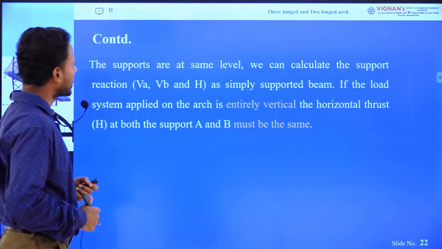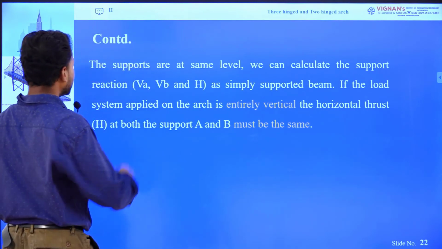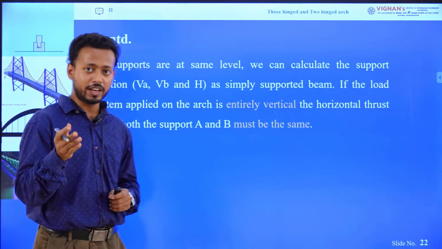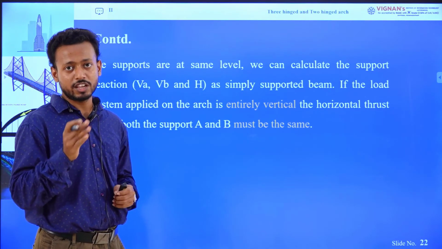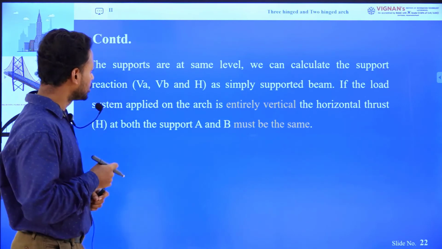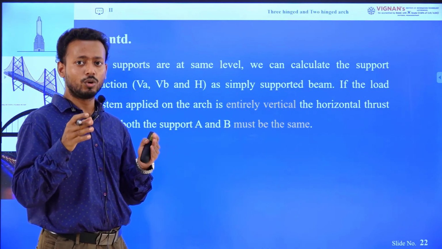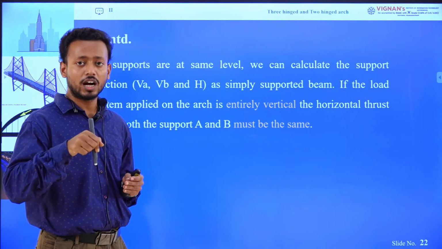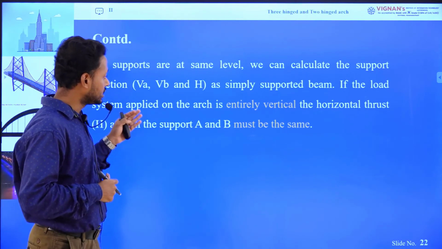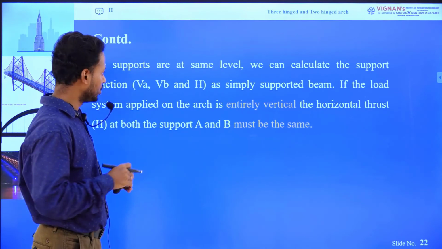When the supports are at the same level, we can calculate the support reactions, that is VA, VB and H. The vertical reactions are VA and VB and the horizontal reaction is H. If the loads acting on the arch are perfectly vertical, then the horizontal thrust must be the same for both supports.